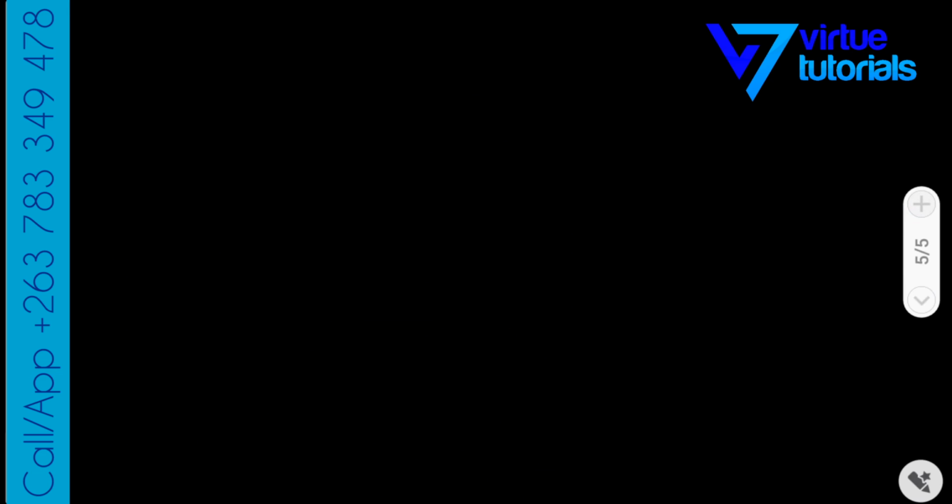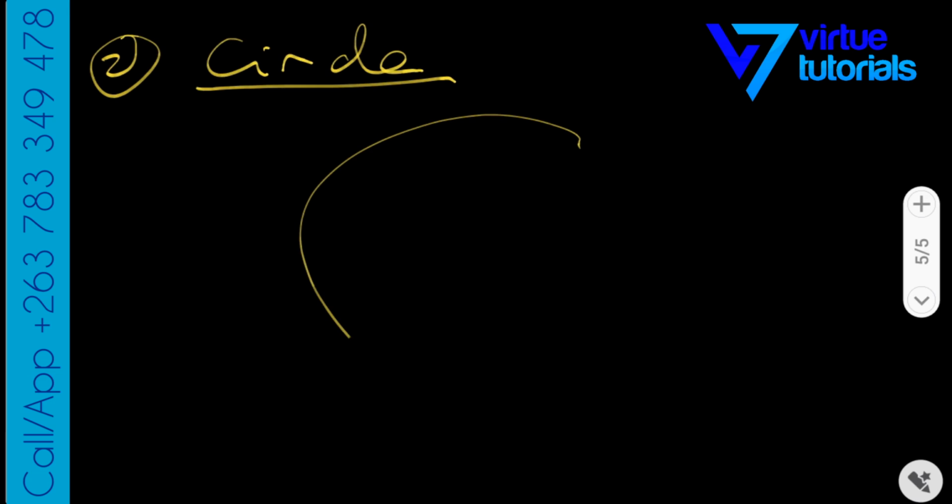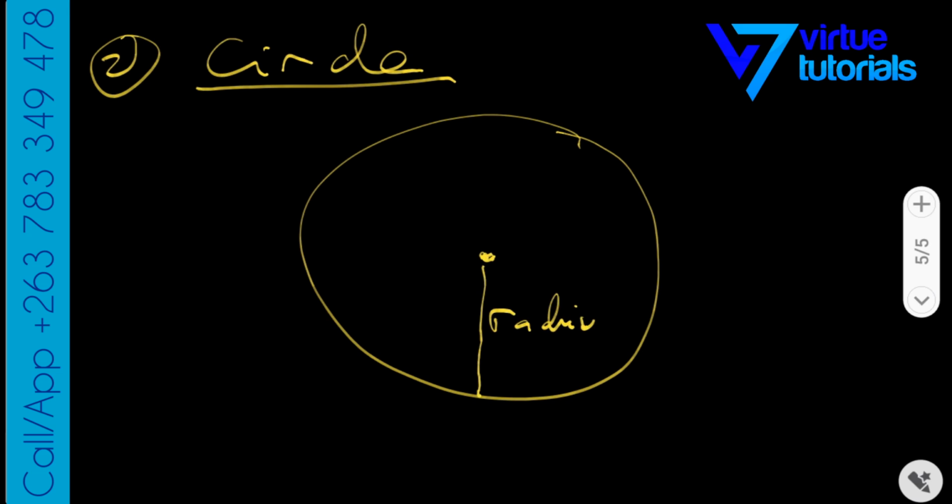The next shape is a circle. For the circle, you have a radius. A radius is a line from the center to the circumference. I'm going to call it R. Area of a circle is given by pi times radius squared, or simply pi r squared.